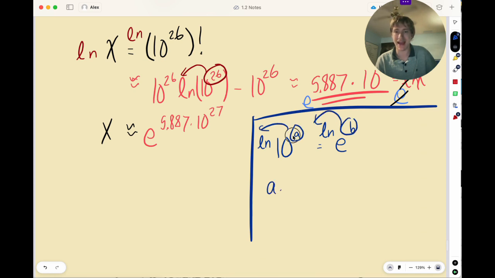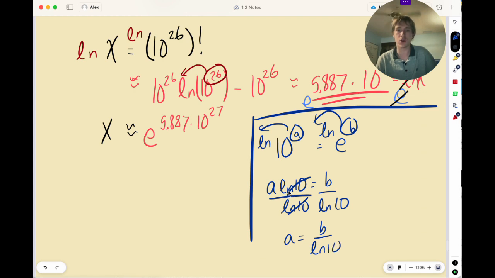I get a ln of 10 is equal to b ln of e, which is 1. So since I have b and I want to solve for a, I just divide both sides by ln of 10, and I get that the exponent that I want is equal to b divided by ln of 10.